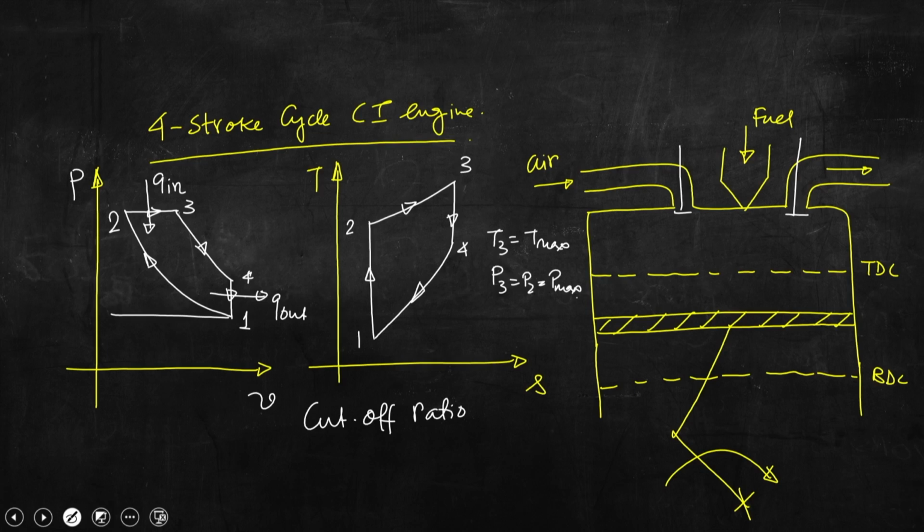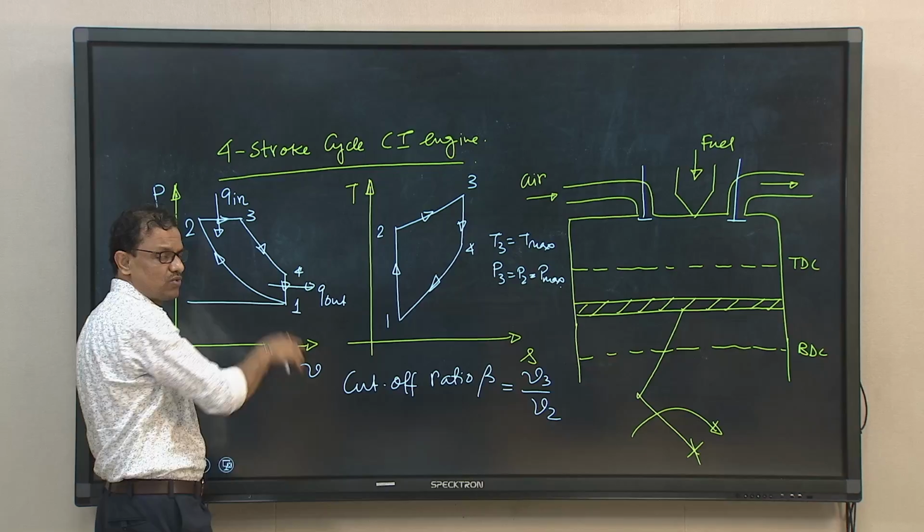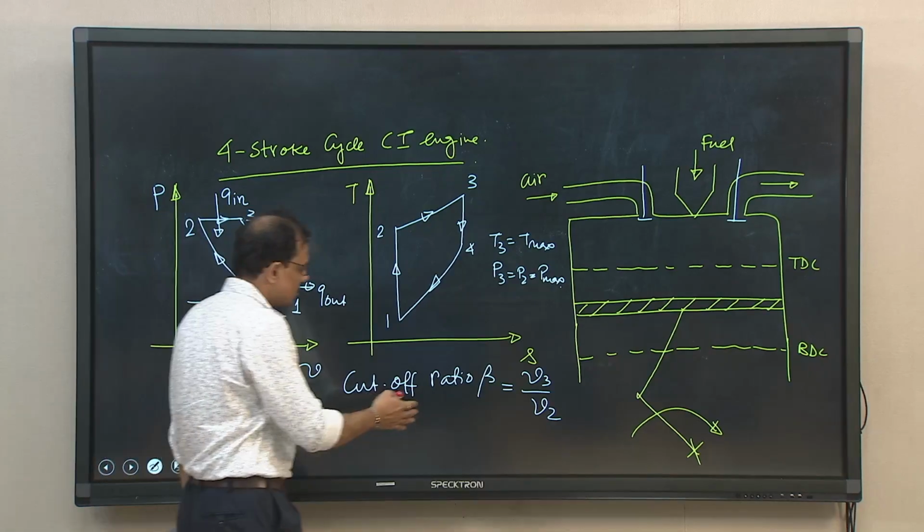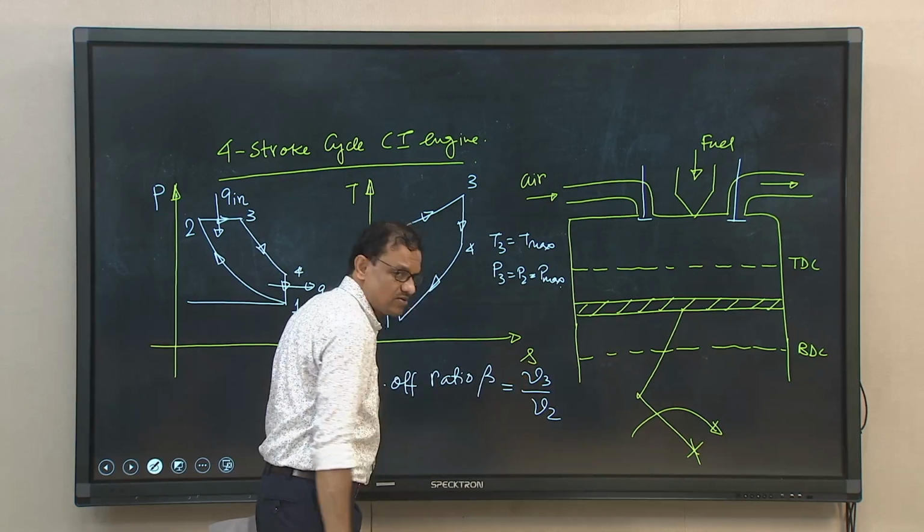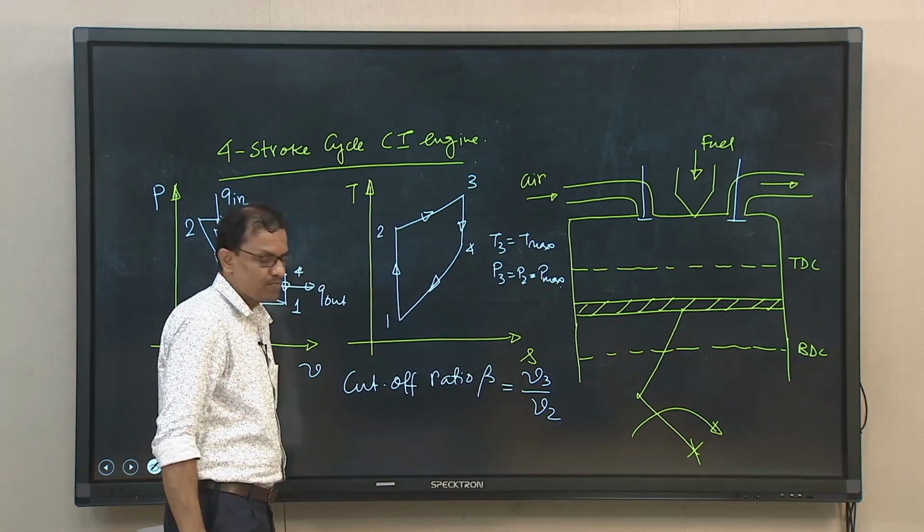Cut-off ratio beta is defined as V3 by V2, which is the change in volume that occurs during the combustion process. So, volume has changed from V2 to V3, and this ratio of V3 and V2 is known as the cut-off ratio, because the volume of the working substance has changed.